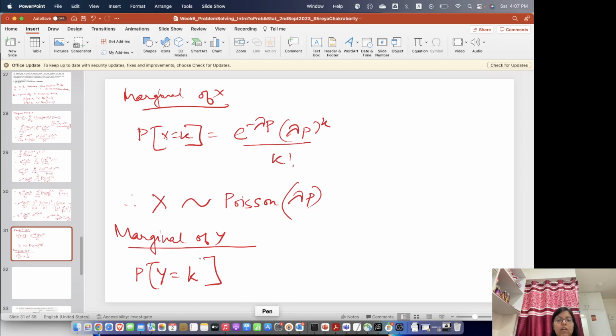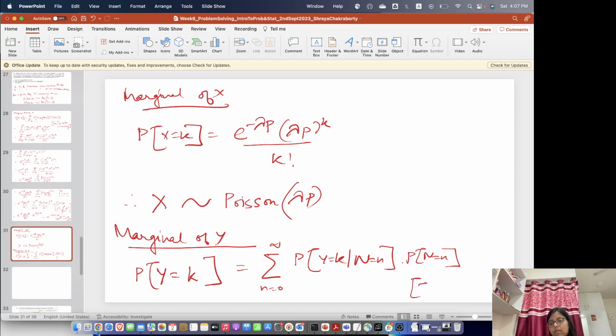Let us write k. So y equal to k will be how much? Again by total probability it will be summation n equal to 0 to infinity, probability y equal to k given N equal to n, into probability N equal to n, by total probability.